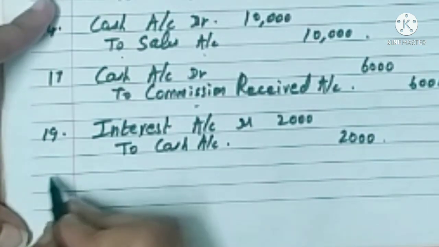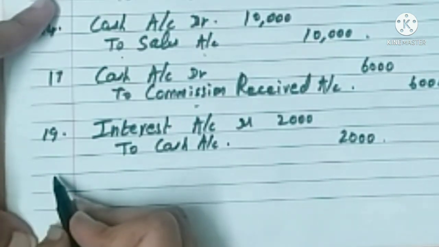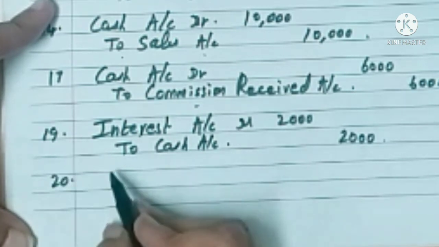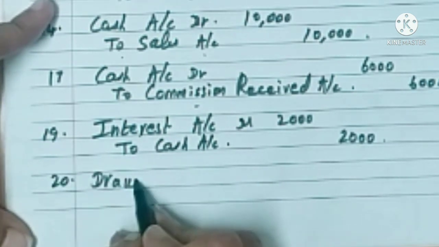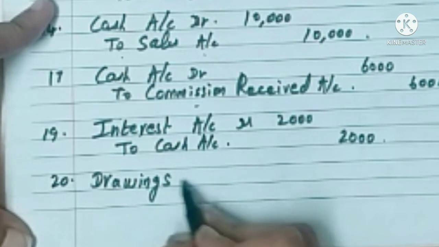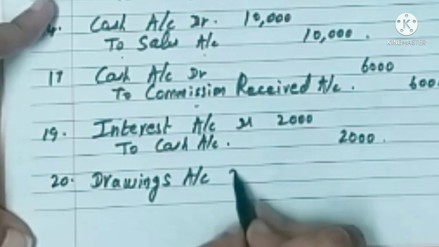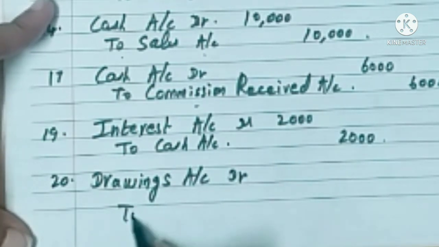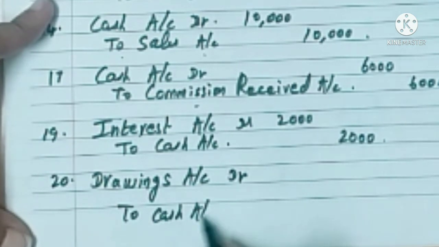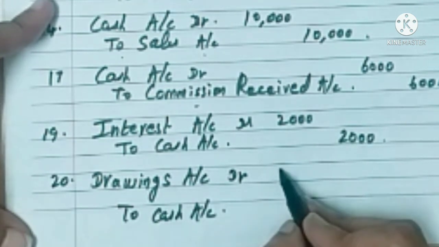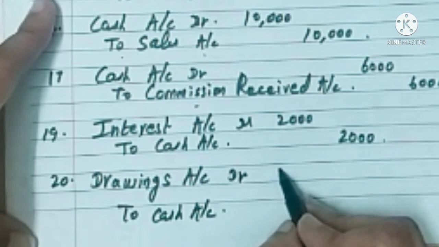Date of the transaction is 20th June. So 20th June, drawings account debtor to cash account. Amount is rupees 3000.